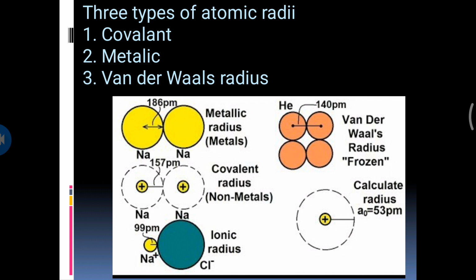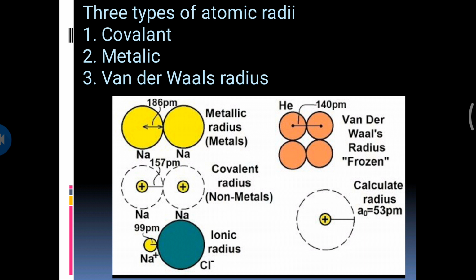And on the right-hand side, the van der Waals radius. The van der Waals radius is the radius of inert group elements. Suppose helium or neon, these are inert elements and they do not interact with each other.